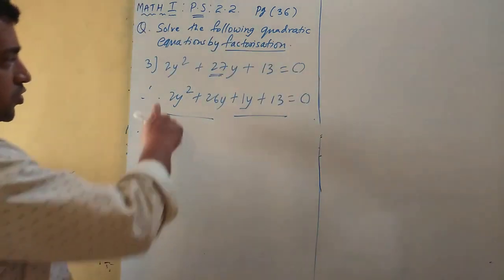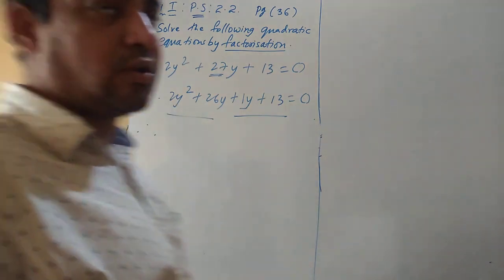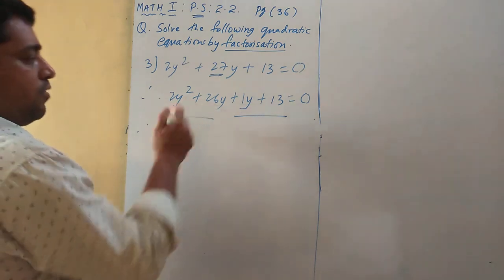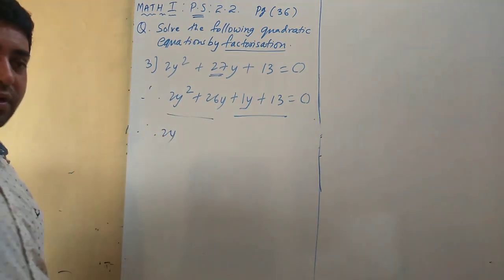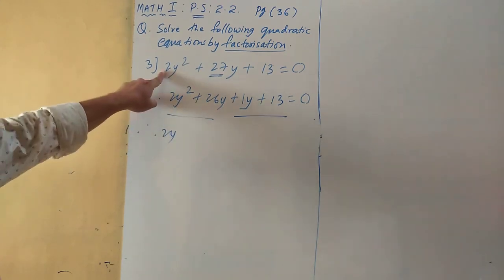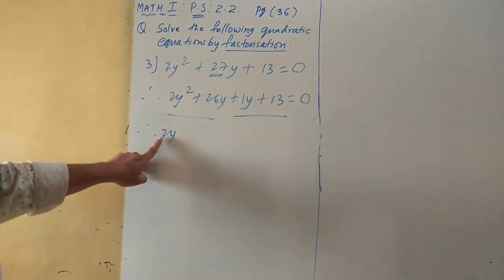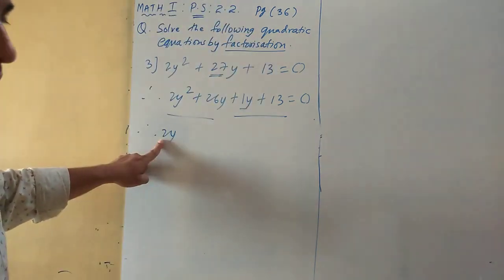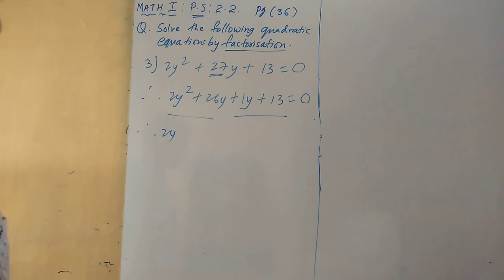Is it clear? Table of 2, 26 will be 13 times. So 2 will be common and y will be common, that means 2y will be common. Pay extra attention here. When the coefficient is more than 1, you have to be careful when taking common. Don't directly write y, because then the sum will go completely wrong.